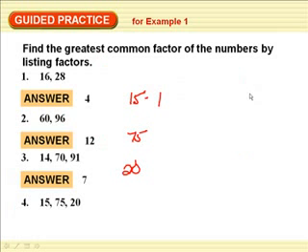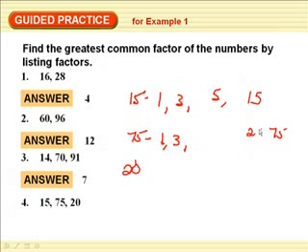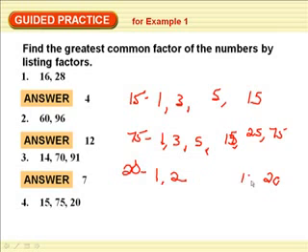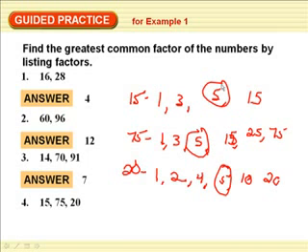So 15, 1 and 15, 3 and 5. 1 and 75, 2 can't, 3 and 25 makes 75, 5 and I think 15, right? 20, 1 and 20, 2 and 10, 4 and 5. It's looking like 5 is our greatest common factor.